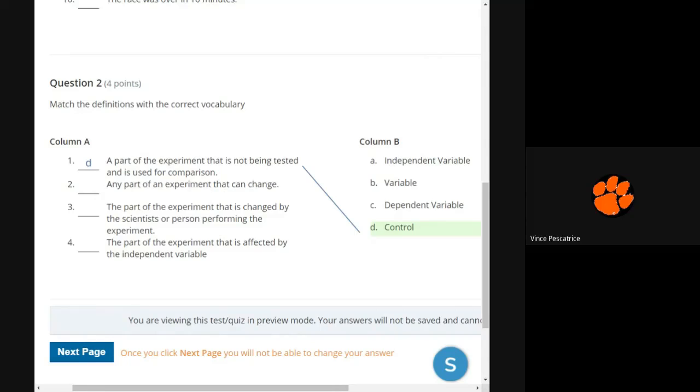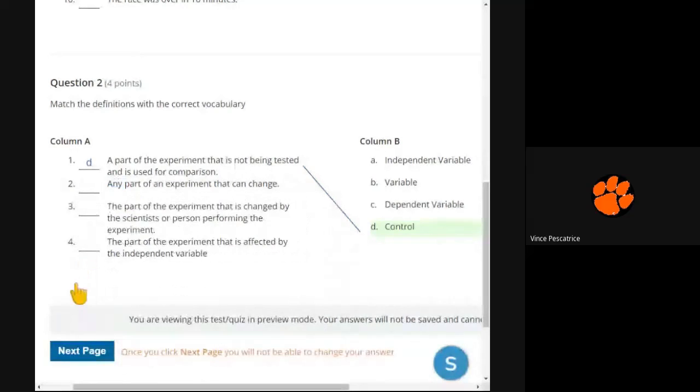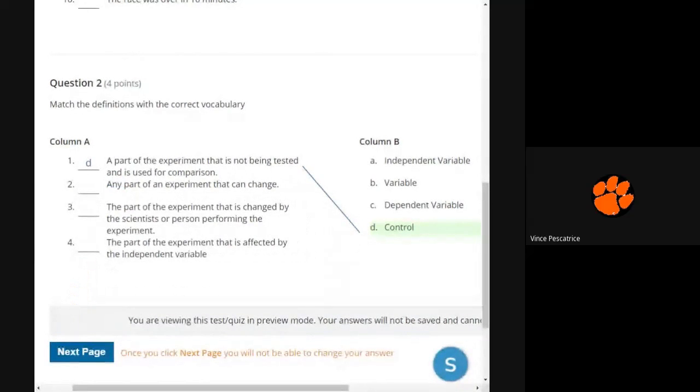All right, part 2. Any part of the experiment that can change. Now, any part is key. It's not just one specific thing, it's any part of the experiment. So we have dependent variable, independent variable, and variable. They all have the word variable in them, so you know it's a variable. But any part is specific to the word variable.